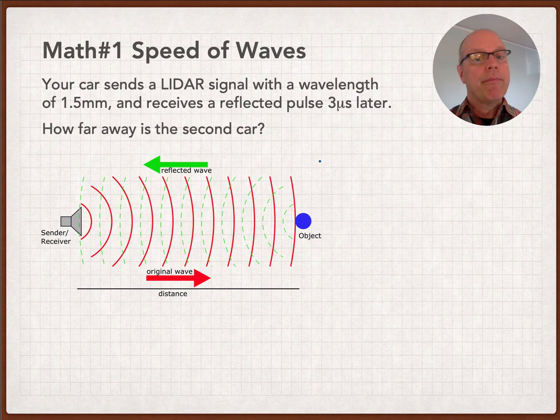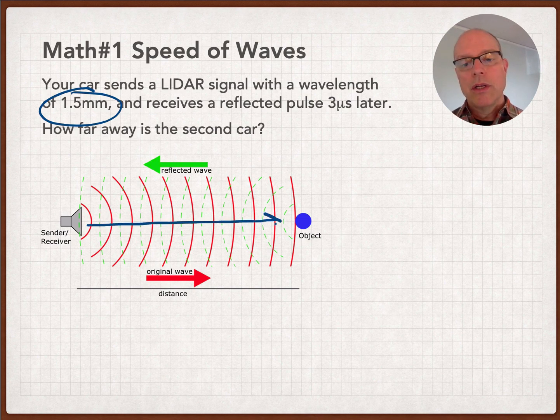We're going to beam that ball out, bounce it off of another object, and catch it back. And what that means is that this wavelength right here, it's nice, but it's irrelevant to us. So what we really care about is getting the distance from your car to the second car in a straight line. And you should also notice that the time, 3 microseconds, is the out and back time.